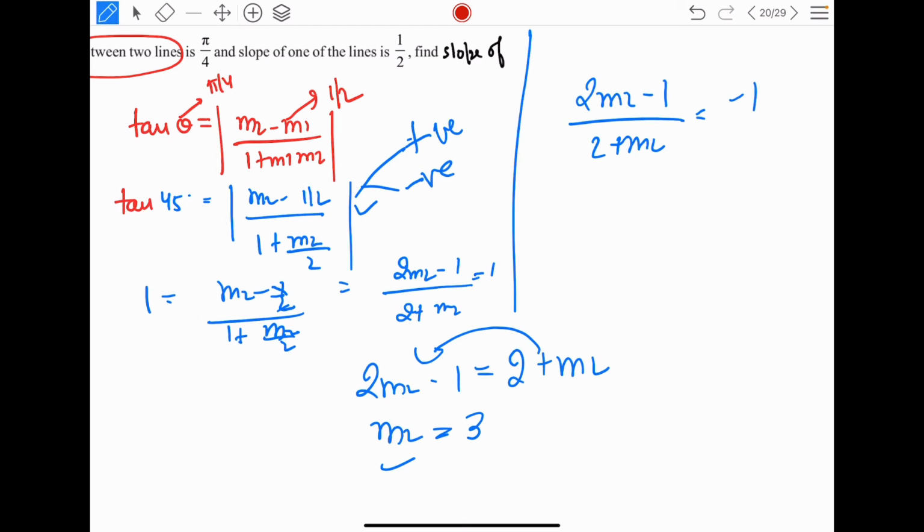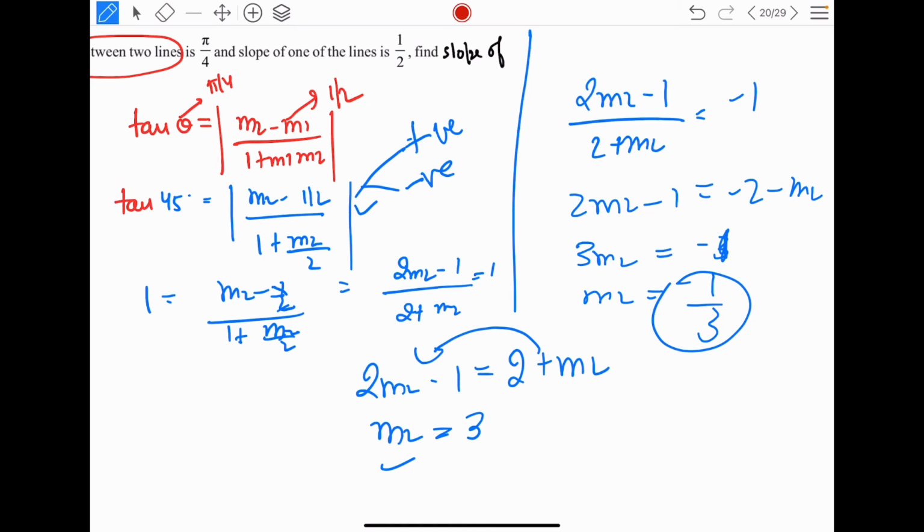So the angle can be negative also, it can be positive also. So 2m2 minus 1 is equal to minus 2 minus m2. So 3m2 is equal to minus 2 plus 1, that is minus 1. So m2 is minus 1 by 3. So m2 is 3 or minus 1 by 3. These are the two values possible for m2.